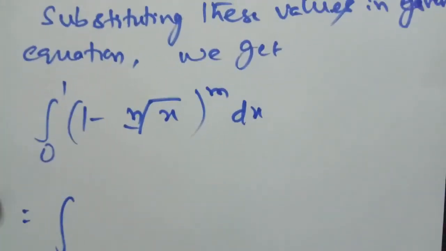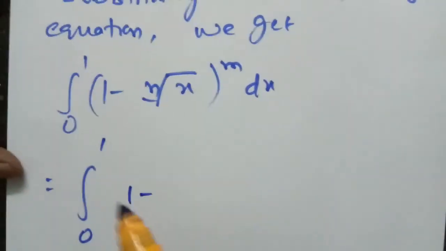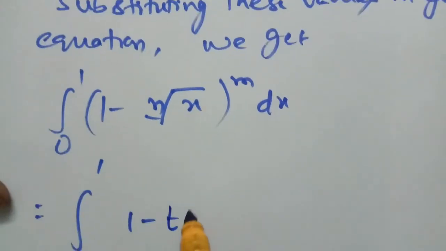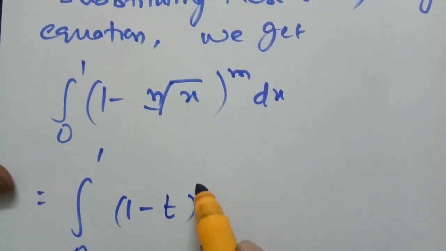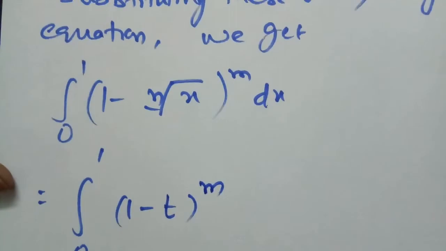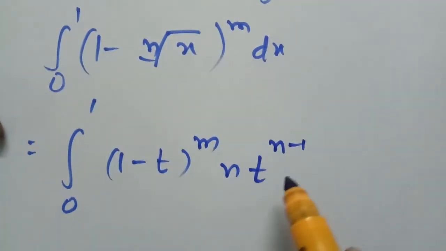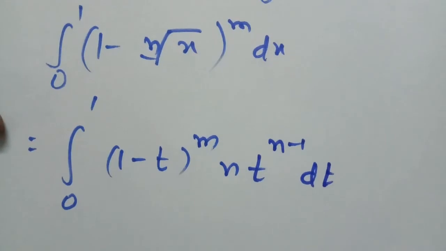Therefore 0 to 1 (1 minus nth root x), we assumed that t, whole to the power of m, dx is equal to n into t to the power of n minus 1 into dt.